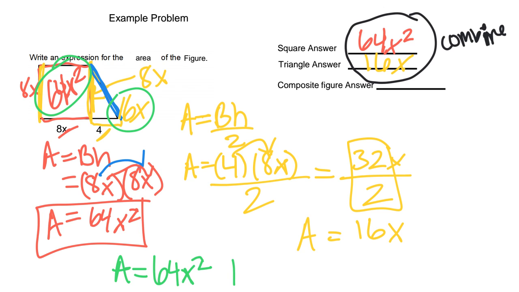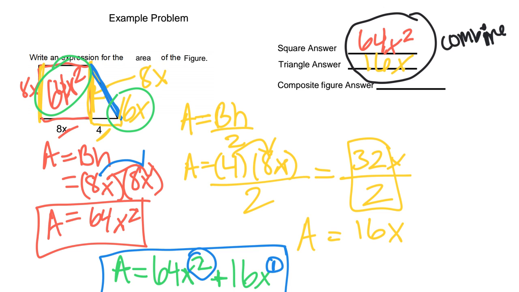And then I have my 16x. And since the 16x is positive, I can put the little plus sign right there. I also notice that I cannot combine these two together because the x here has an exponent of 2, the x here has an exponent of 1. So because of that, they cannot be combined. Therefore, this is going to be my final answer for the entire thing.